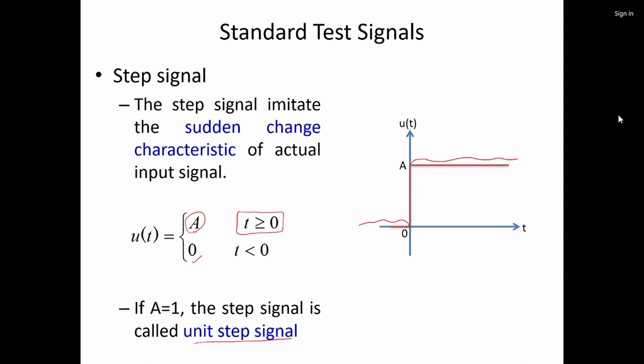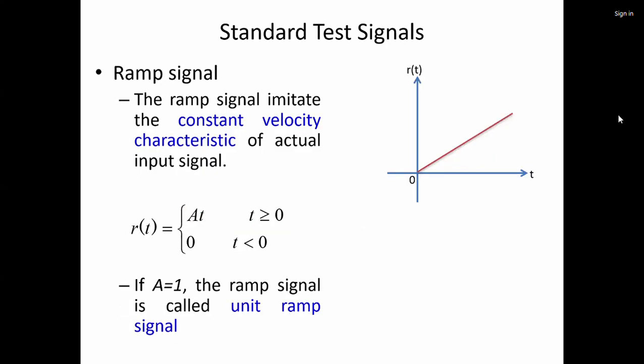In addition, you can also talk about a ramp signal. Here, the ramp signal basically imitates the constant velocity characteristic of an input signal. That means as time progresses, the value of the signal is increasing linearly. That is what is meant by constant velocity characteristic.